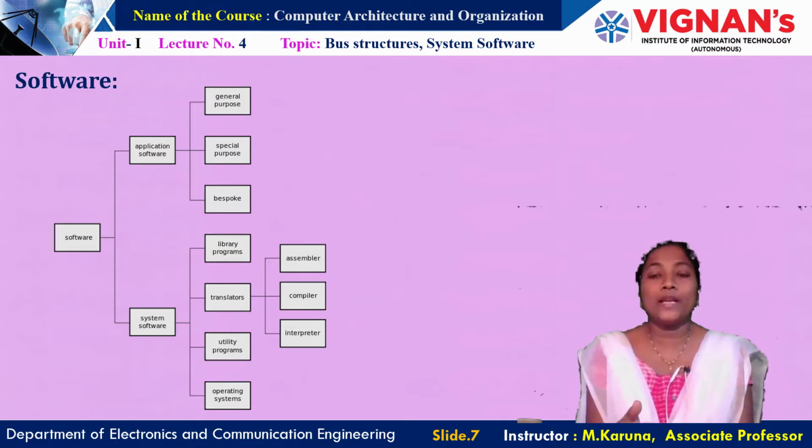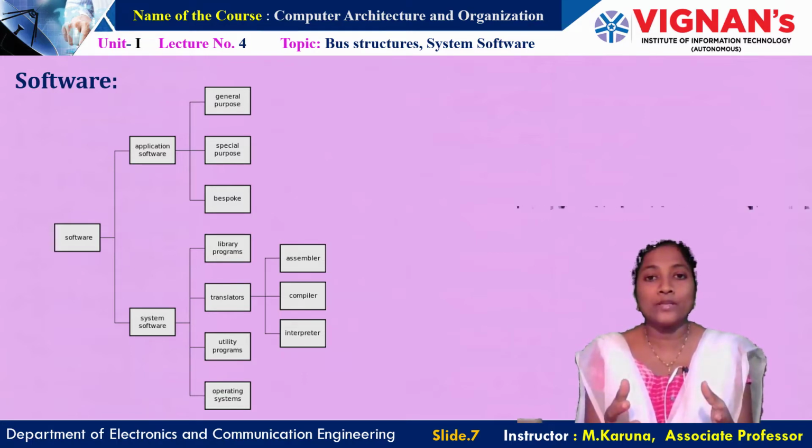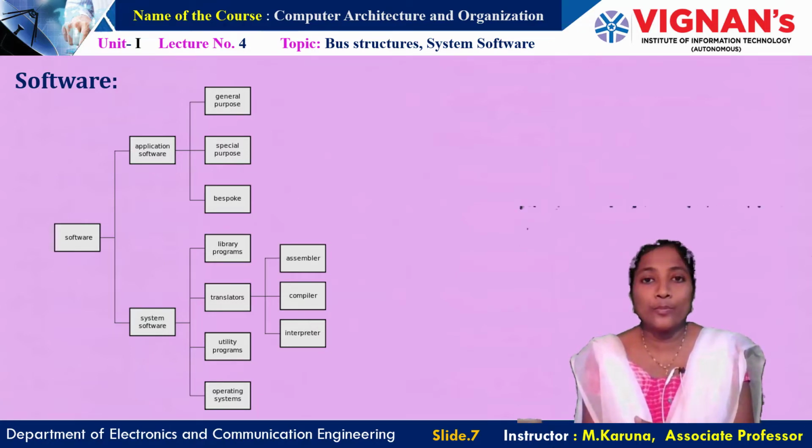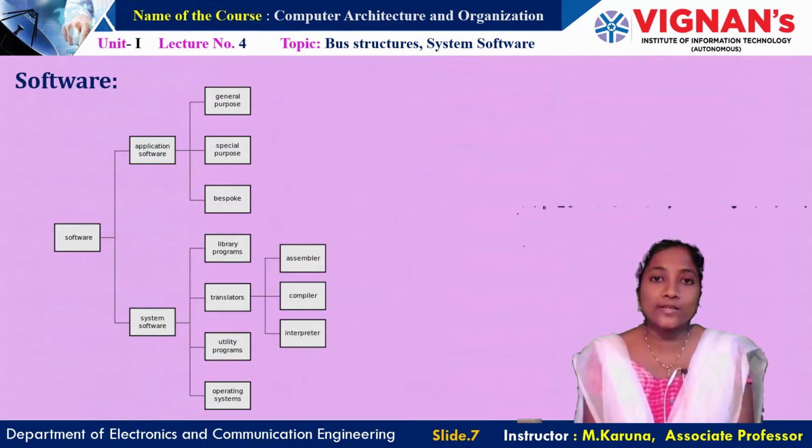System software is a group of programs. The execution of those programs is used to perform tasks such as receiving and interpreting user commands, entering and editing the application program, running the standard application programs such as word processors, spreadsheets and games, etc.